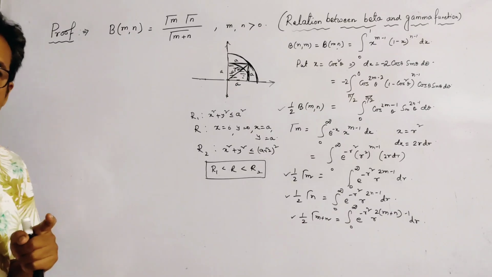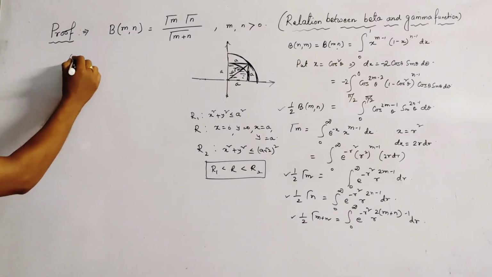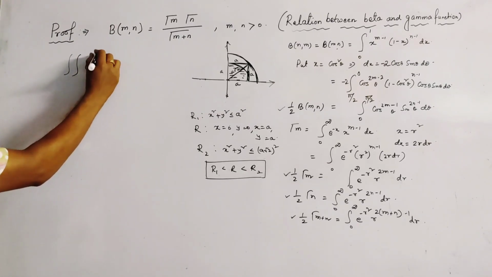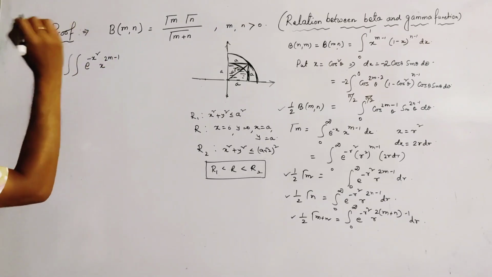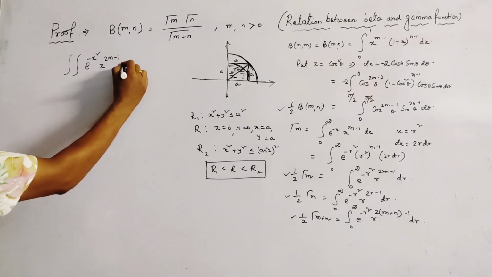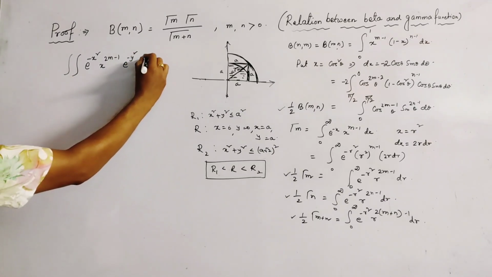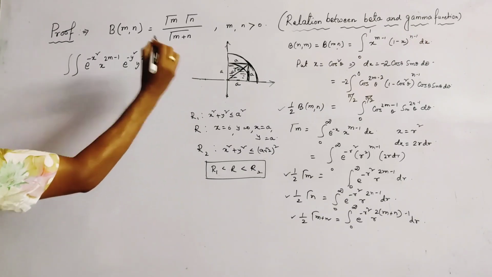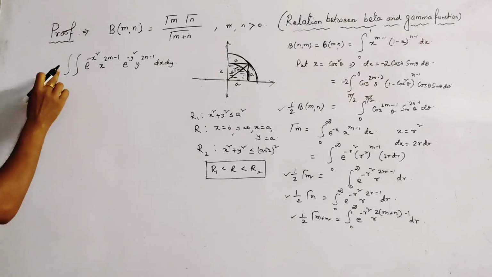Now we consider a double integration: double integration of e to the power minus x square into x to the power 2m minus 1 into e to the power minus y square into y to the power 2n minus 1 dx dy.